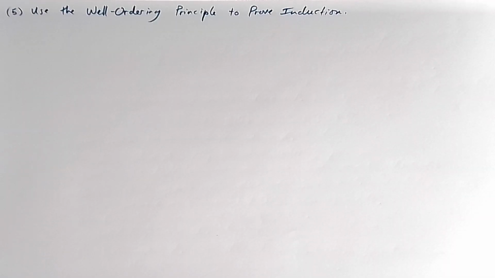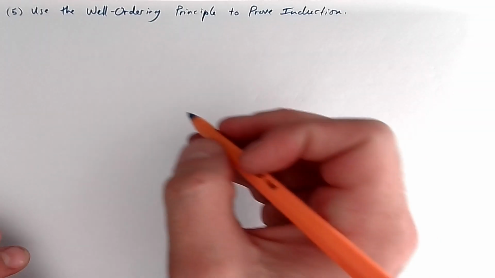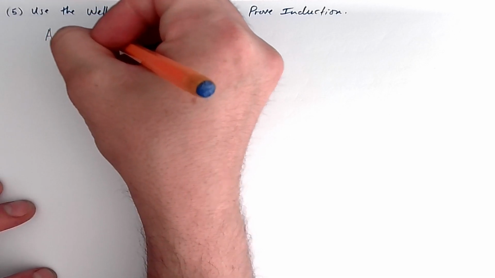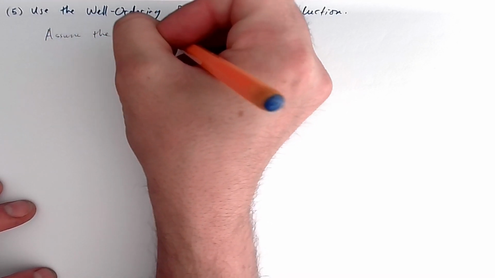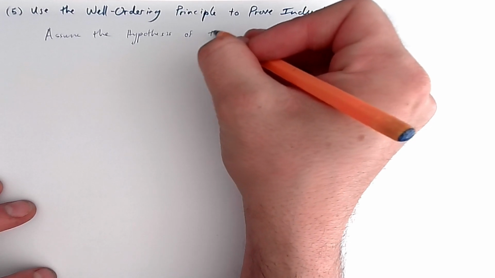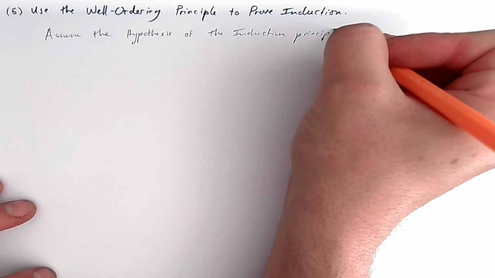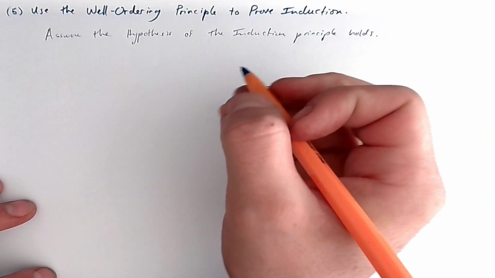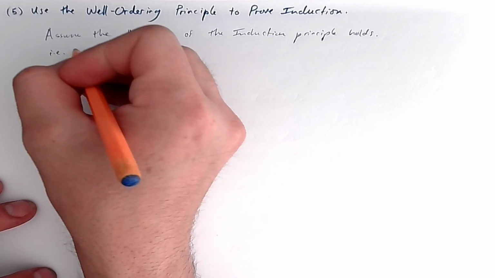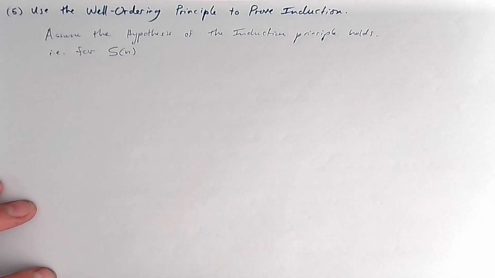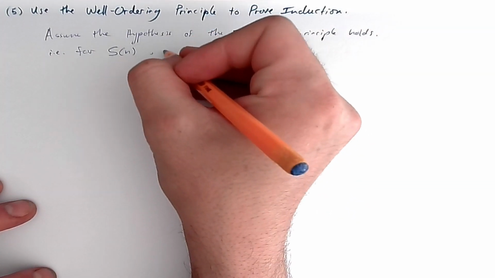So here we will show that the well ordering principle implies the technique for mathematical induction. Okay, so to do this, assume that the hypothesis of the induction principle holds. That means for some arbitrary statement S about the natural numbers, we have the following.